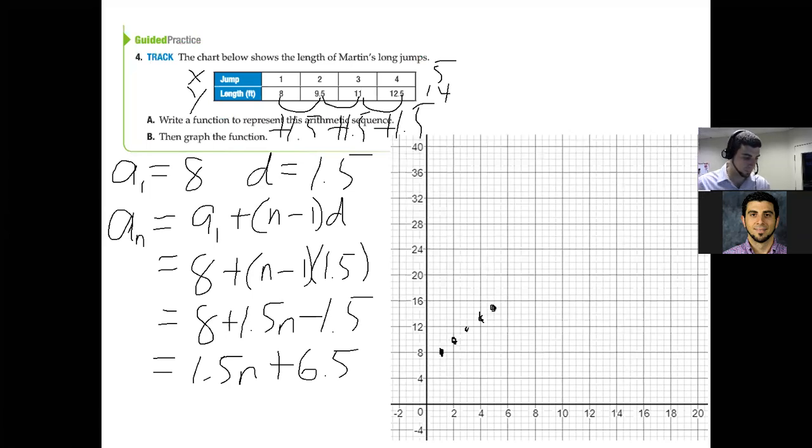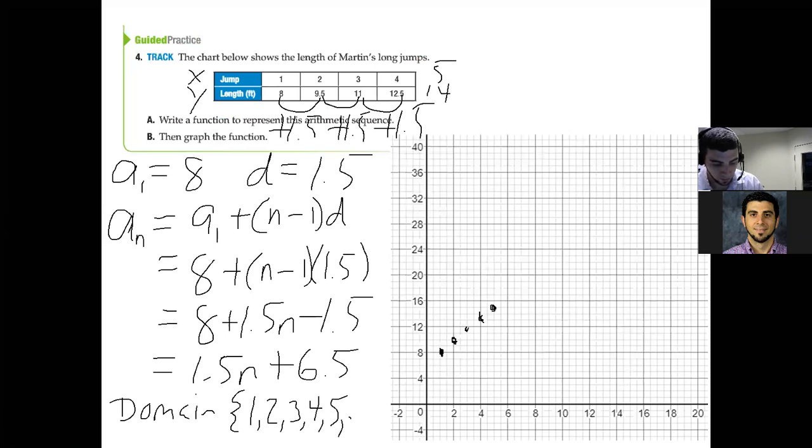Okay, looks pretty good. And the domain is 1, 2, 3, 4, 5, and notice I'm going to put the ellipsis on there to indicate that it continues in that same pattern.